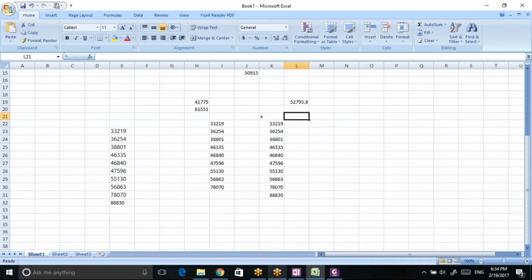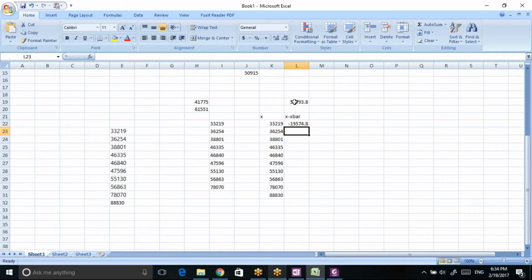I have to find the distance of x from x bar, that is x minus x bar. So I have to subtract each and every value with this value. So I will put equal to this minus this.